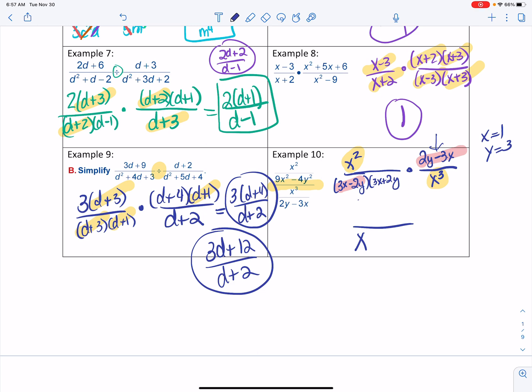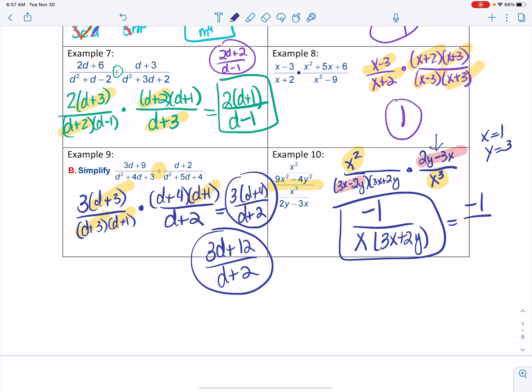And if I put it in the other one, you would have 3 minus 6, which is a negative 3. So those are exact opposites. So that means you're going to have a negative 1, but you still have the 3x plus 2y in the denominator. Okay, so if you multiplied that in, you would have 3x squared plus 2xy. I would take that as an answer too.